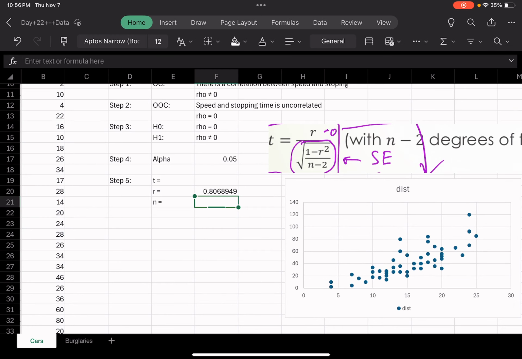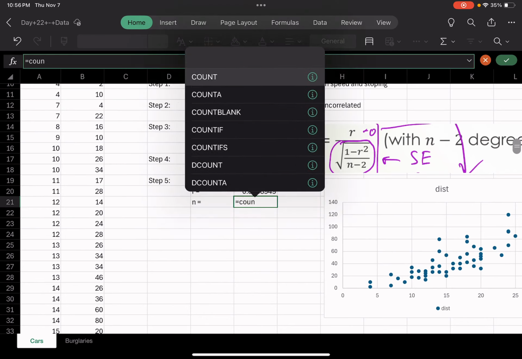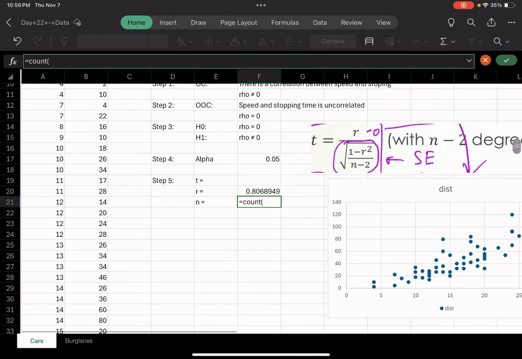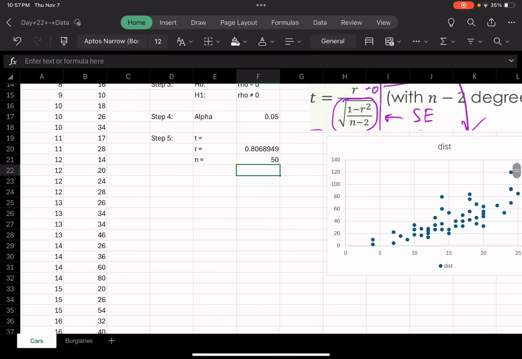There's my r. Now I need my n, and for that I'm going to do equals COUNT. All the way down to about there. Enter. What is it? 50.